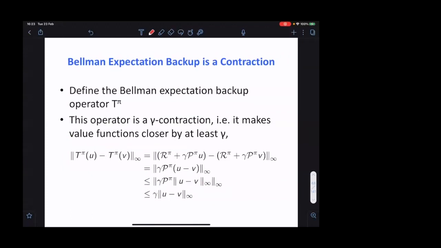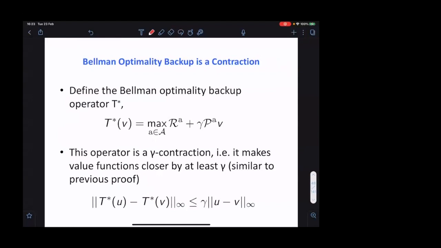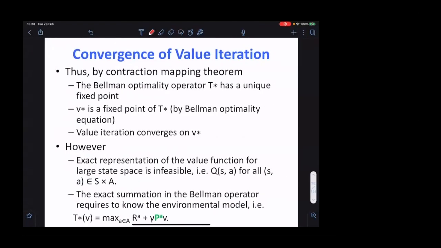You get a similar proof there, so I'm not going to spend time on it. You can have a look; it's quite straightforward. By this contraction mapping theorem, value iteration will converge to the optimal value function.